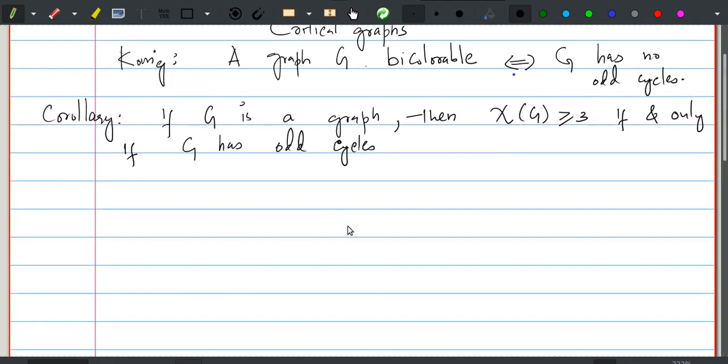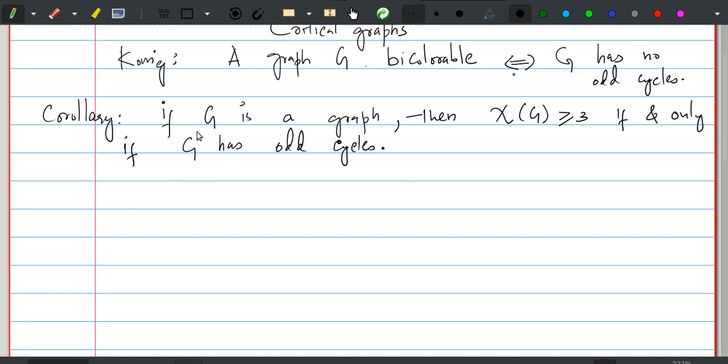So this is a straightforward consequence of the chromatic number of cycles. So we know that if G is an even cycle, I mean a cycle of even length, then its chromatic number is 2, otherwise it is 3.